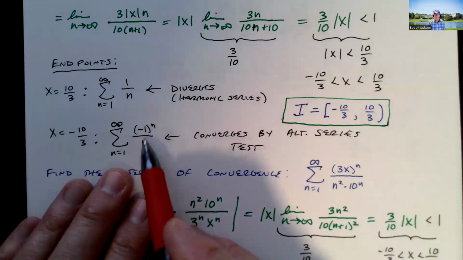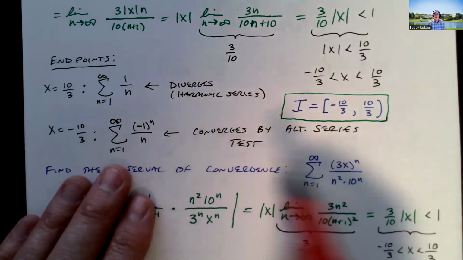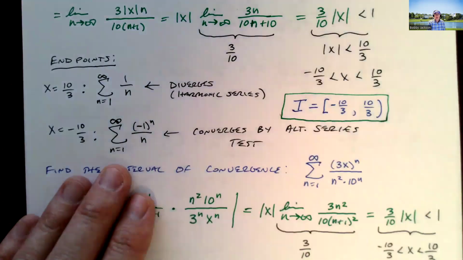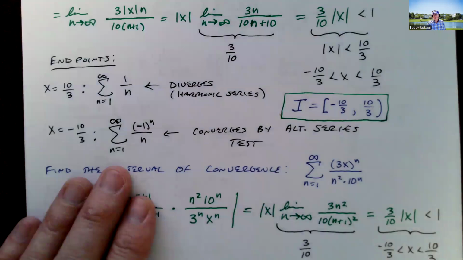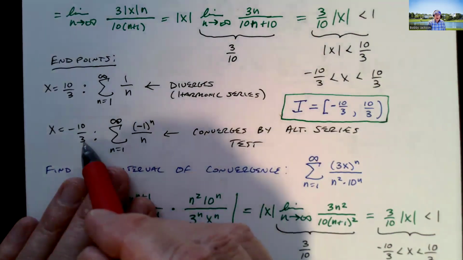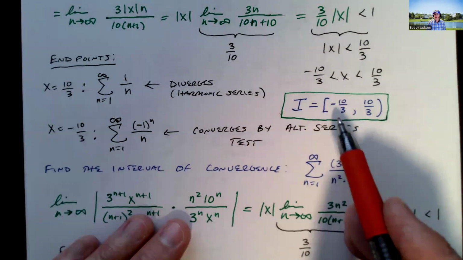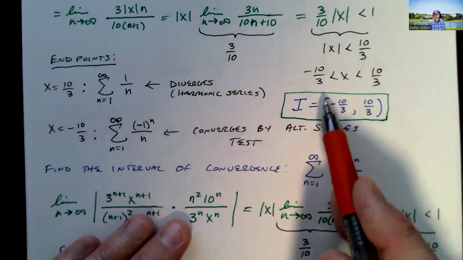The a sub n's in this case, the absolute value would be 1 over n. As n goes to infinity, that's going to 0, and a sub n plus 1 is less than or equal to a sub n for all n. So convergence at this endpoint makes our interval of convergence this. We include that endpoint.